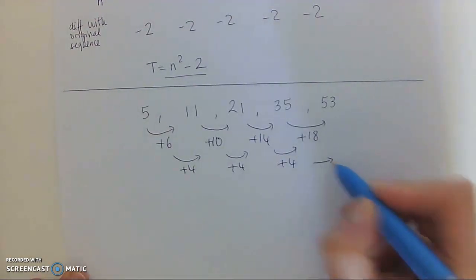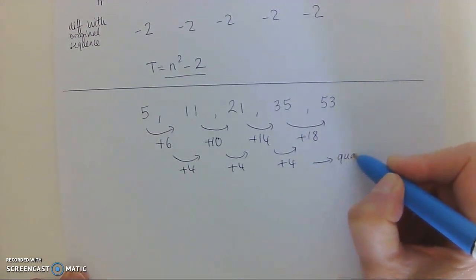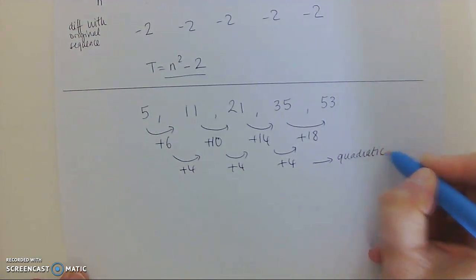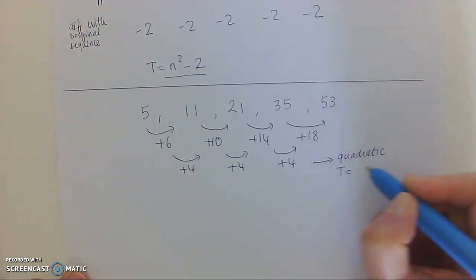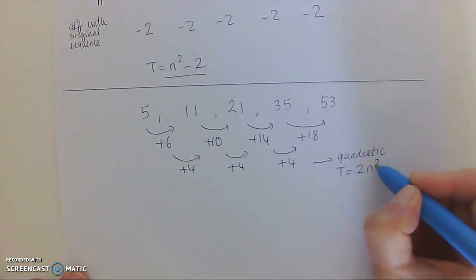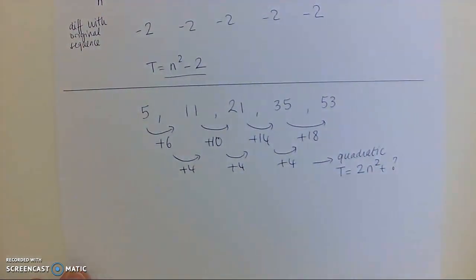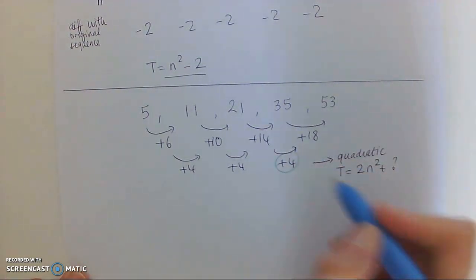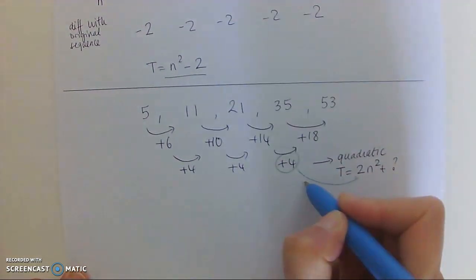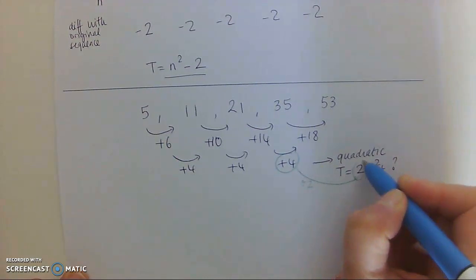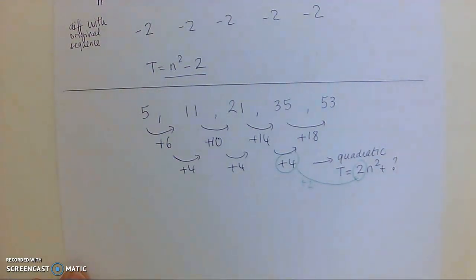So we know we're going to have a quadratic. And we know it's going to start with 2n squared plus something. Because from the 4, we divide by 2 to get the coefficient in front of n squared.